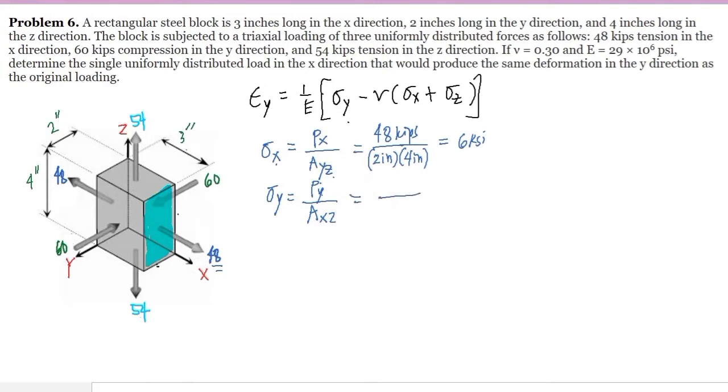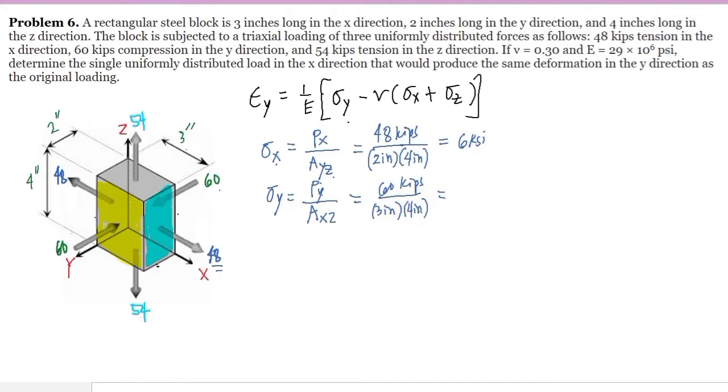The P along the y direction is 60 kips, over the area perpendicular to 60, which is 3 by 4, so 3 inches times 4 inches.